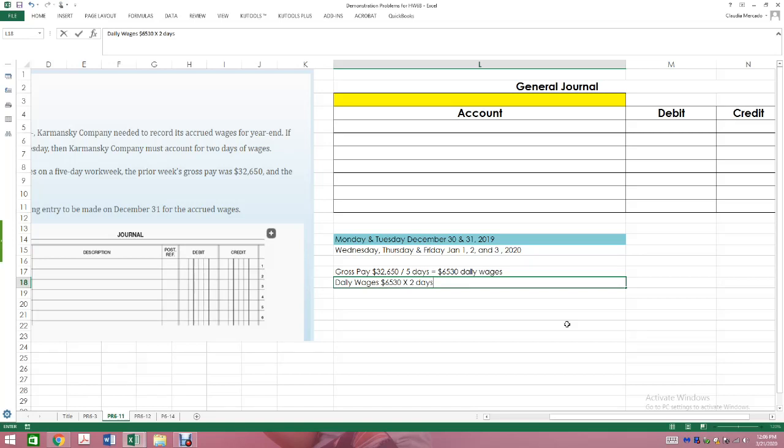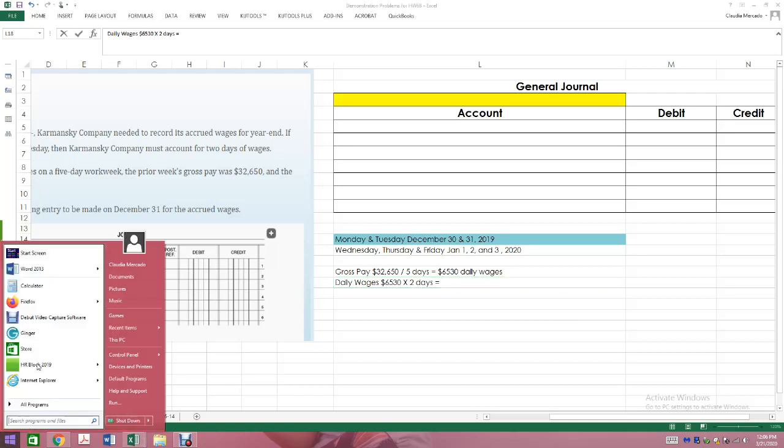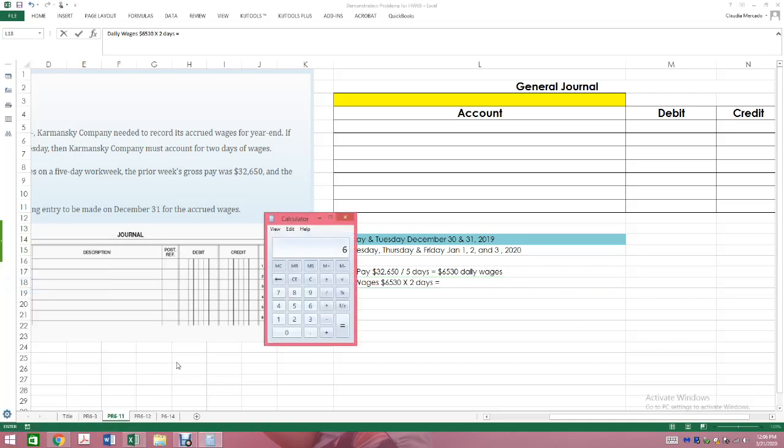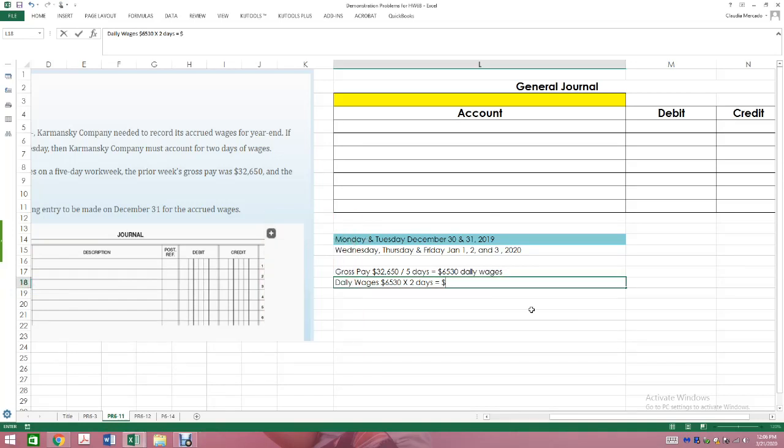This is what they made in 2019. They worked Monday and Tuesday, the 30th and the 31st. So they made in those 2 days, 6530 times 2 days, $13,060. This is the amount that I need to accrue.